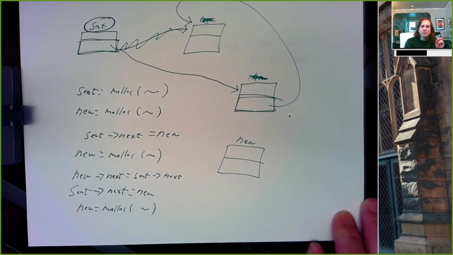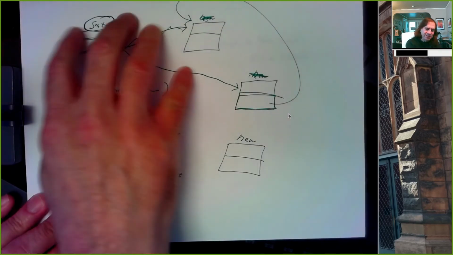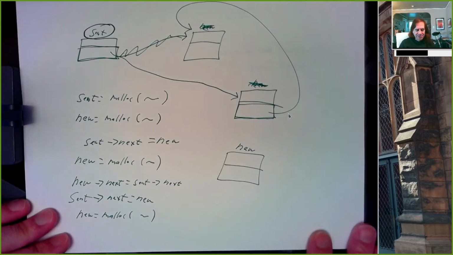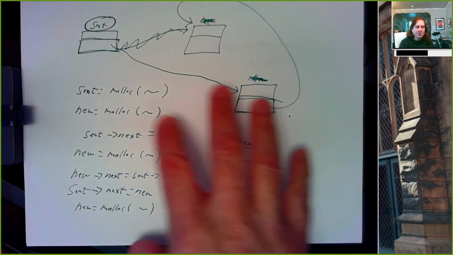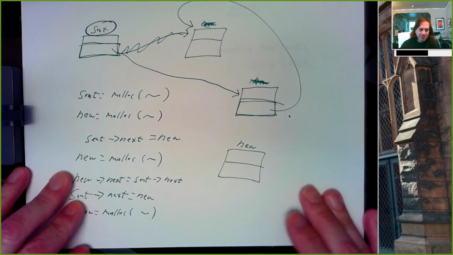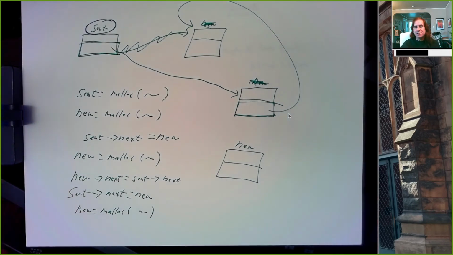So you're going to need to write one more function at least, which is going to be something like release the list or something like that. And you're going to call that at the very end of your main program when you say X, and that's going to free all of these things from memory. And we'll go through the details of how to do that tomorrow, because I want to get through more of the core mechanics here today. But it's basically traversing the list and freeing the nodes behind you as you follow them.